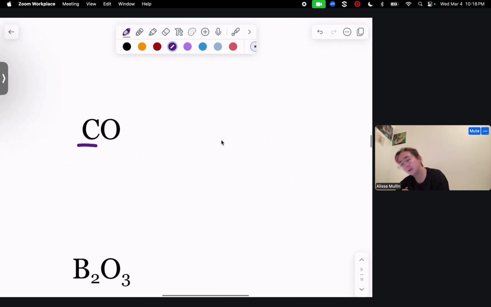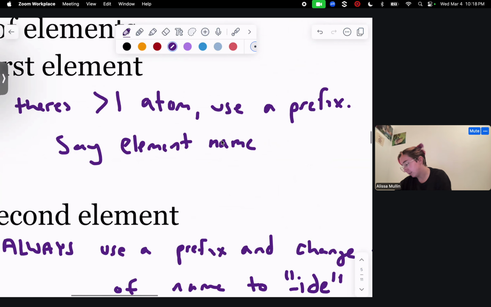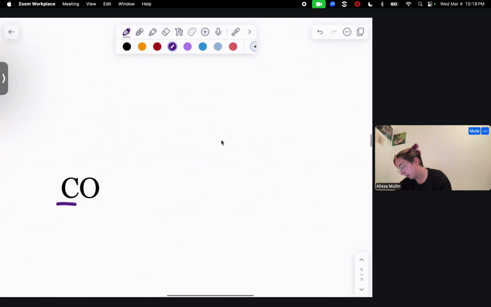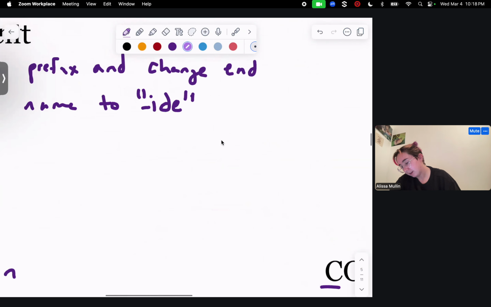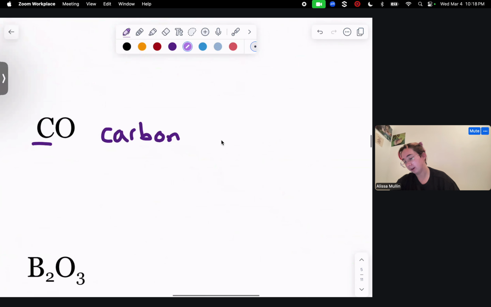So again, let's try it. First element is C. There's only one of it, and if it's the first element and there's only one, I just say the name, which is carbon. And then I have O as my second element. And no matter what, I have to use a prefix for the second element. So I can look at my chart.